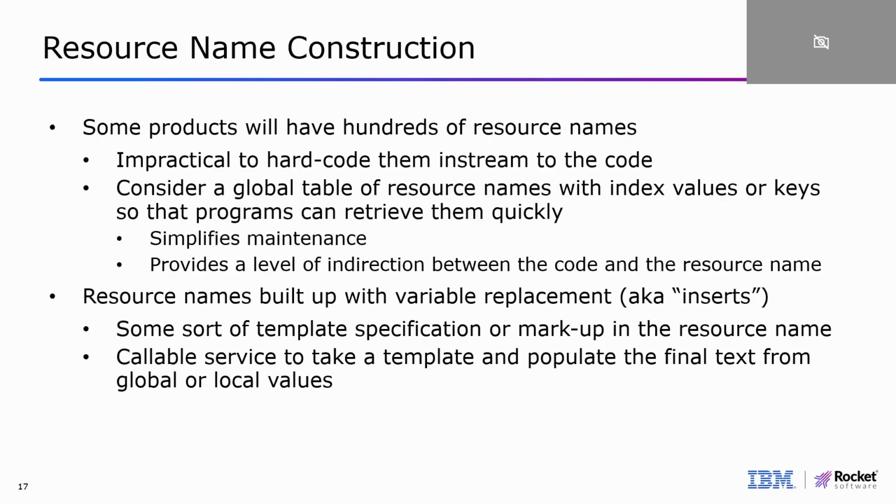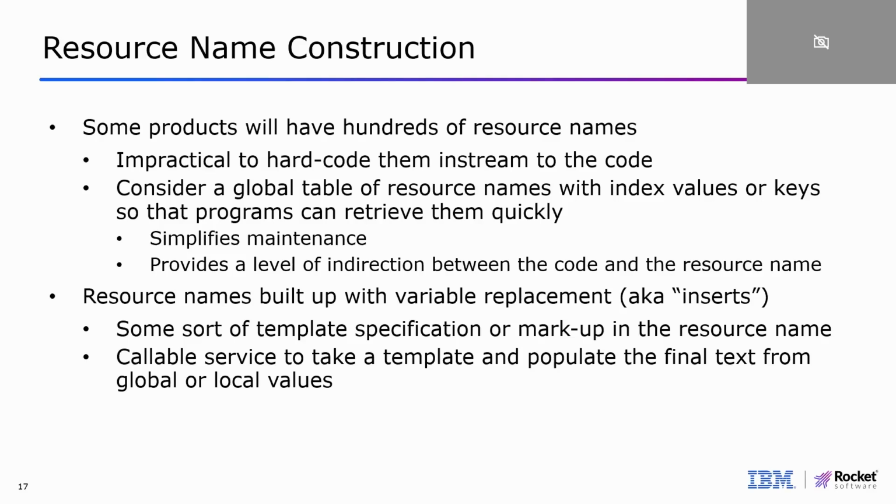The other thing you've got to think about is if you do have quite a complex piece of software, you're going to have tens or maybe hundreds of resource names across your code base. So you really don't want to be hard coding them in-stream into individual CSECTs, okay? You really need to start thinking, well, okay, I need to manage this properly.